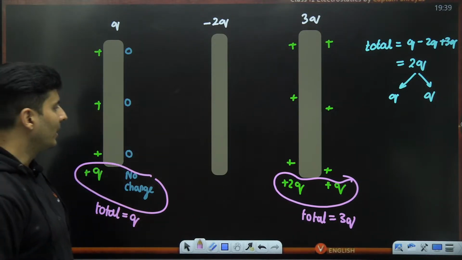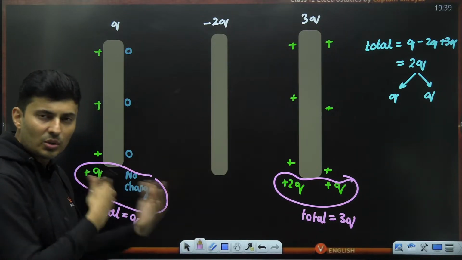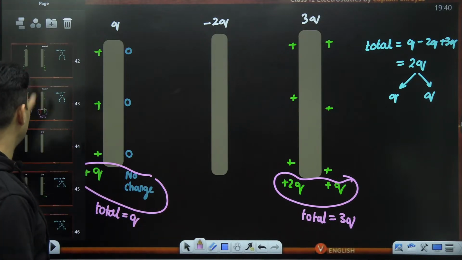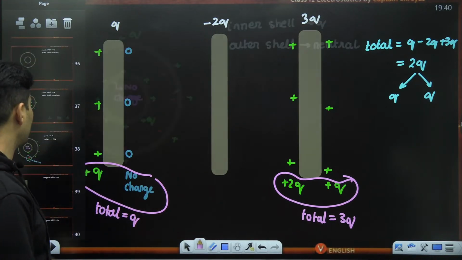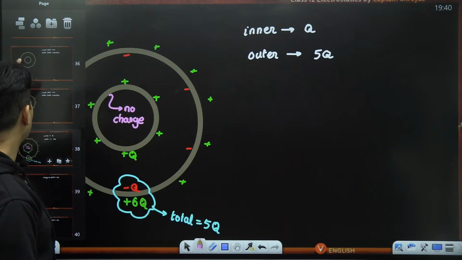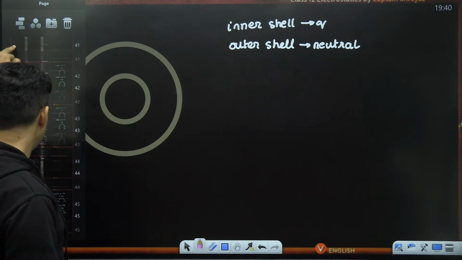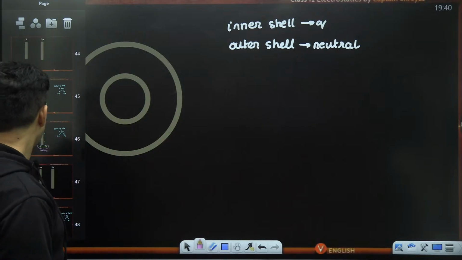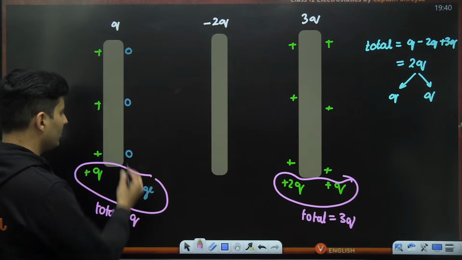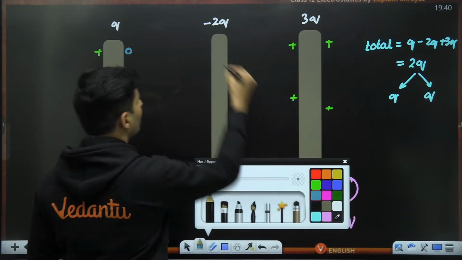Now what about over here? Opposite surfaces should always have equal charges but of opposite sign, just like we did for shells. Same thing over here also, guys. If this is 0, this will also be 0, no doubt about it.